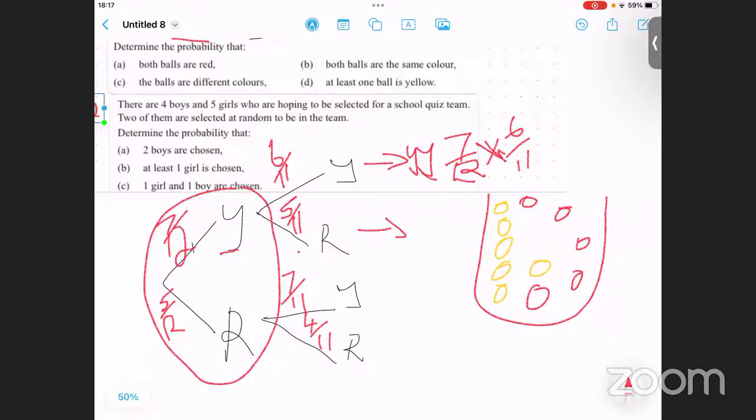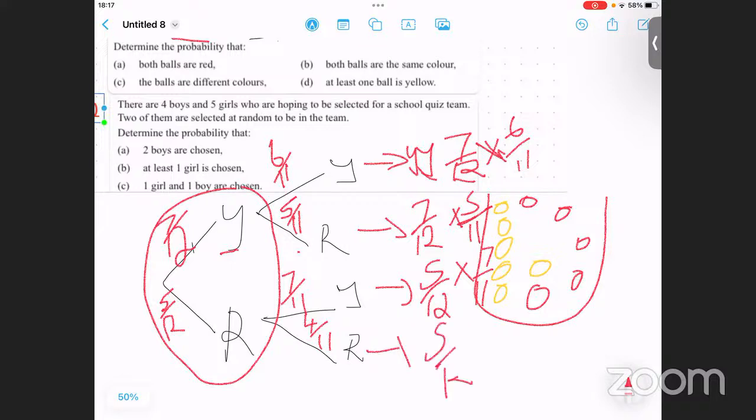Then it's going to be, I don't know, how much are you guys getting? 7 over 12 multiplied by 5 over 11. Okay, and for this one it is going to be 5 over 12 multiplied by 7 over 11. And then for this one, red, it's going to be 5 over 12 multiplied by 4 over 11.